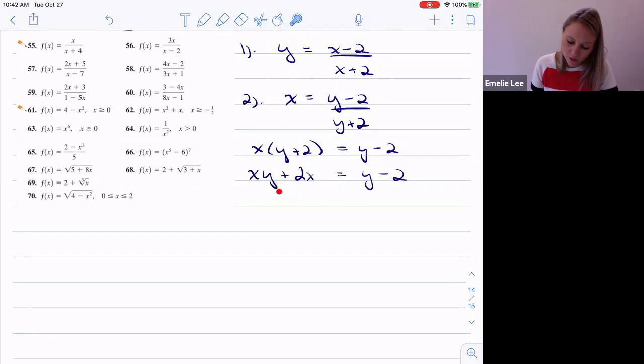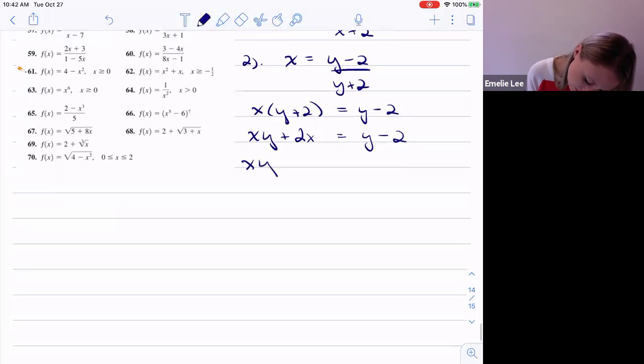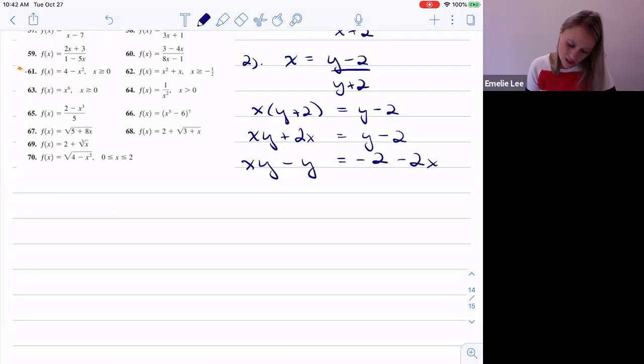I'm going to move this y over here and this 2x over here. And so I get xy minus y is -2 minus 2x. Right, just doing a switcheroo. This is just quick algebra, right? So we should be pretty comfortable by now doing this kind of stuff. If not, you'll get plenty of practice doing these inverses.